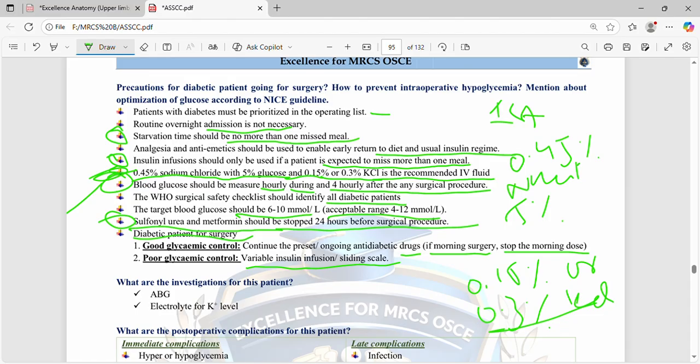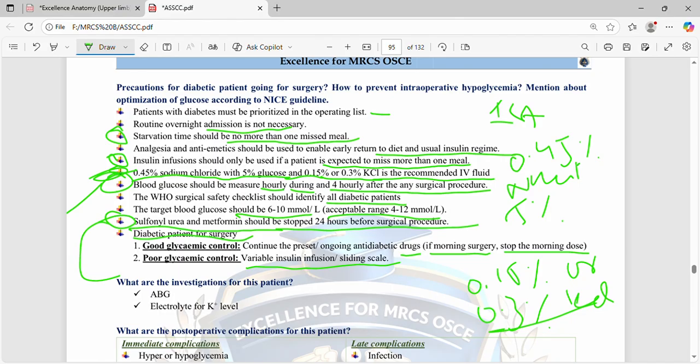So if he is going to be operated on in the morning, he has to miss the morning dose. But if the patient has very poor glycemic control, you have to put him on a sliding scale or give him insulin.